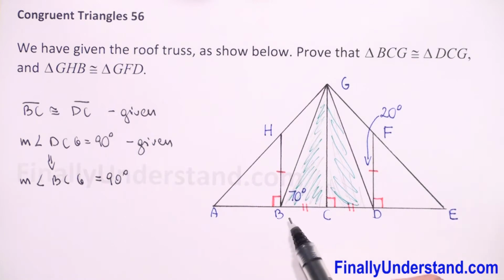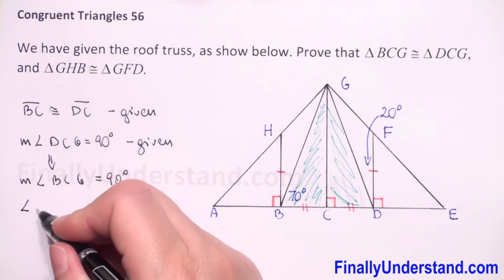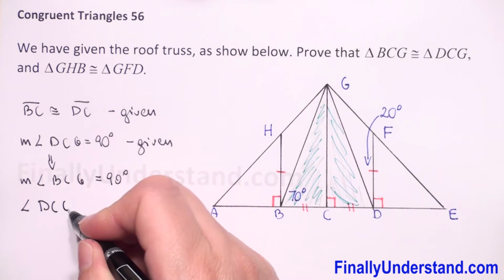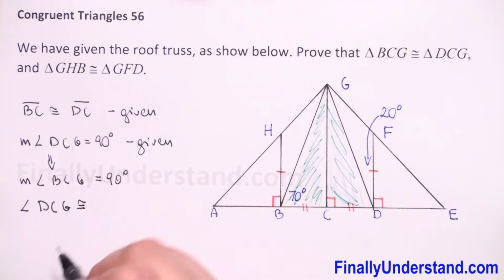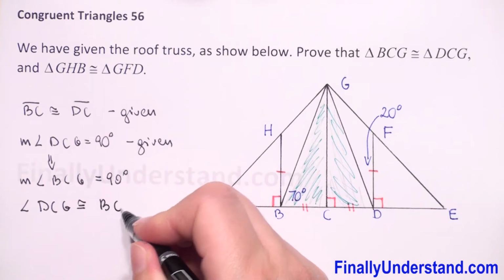Why? One more time, because angle BCD is a straight angle, so it has 180 degrees. From 180 degrees, if you subtract 90 degrees, it is 90 degrees. So angle BCG has 90 degrees too. It means that angle DCG is congruent to angle BCG.